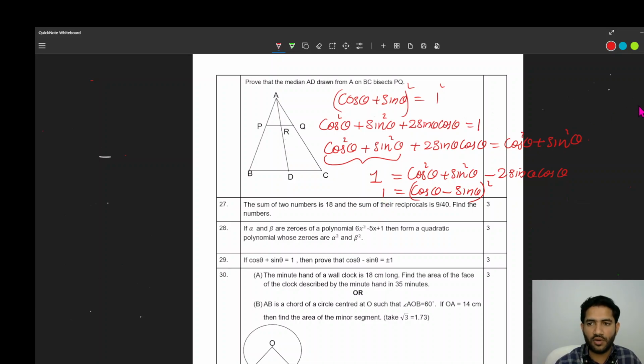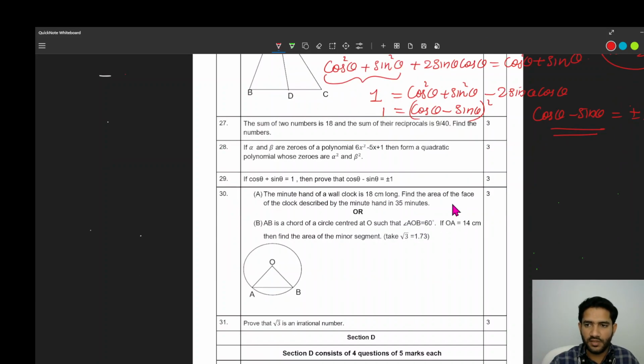Then how can we solve it? For example, x square equal to 1, then x equal to plus or minus 1. So like that, here cos theta minus sin theta whole square is equal to 1, so cos theta minus sin theta equal to plus or minus 1. It's an easy question, very simple, but we are using some logic, because we want to introduce cos theta minus sin theta.